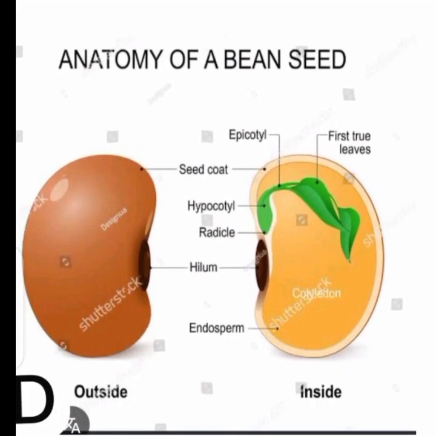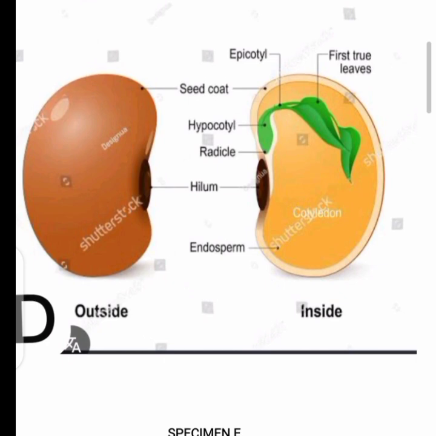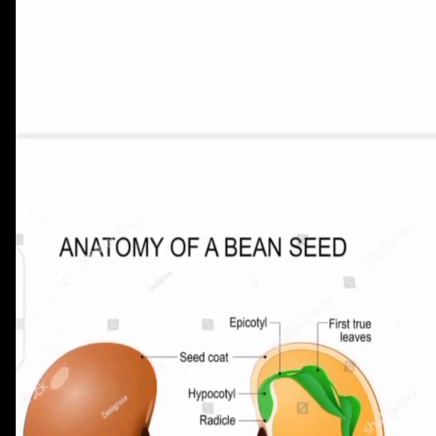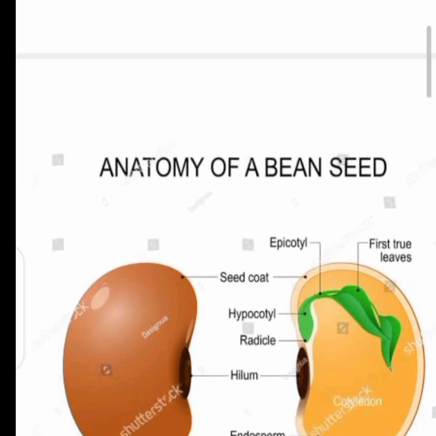it. So when you soak beans in water, you discover that the beans will swell a bit due to the fact that you are placing it in a hypotonic condition.